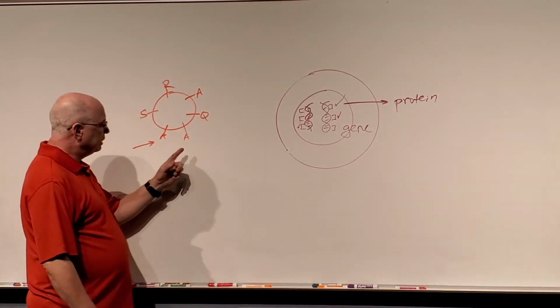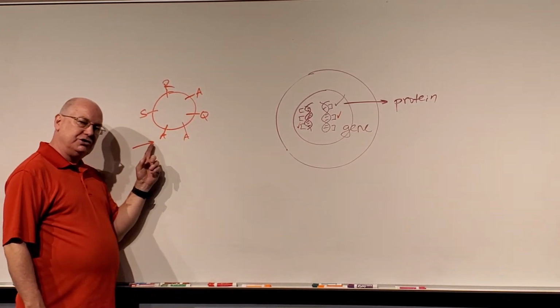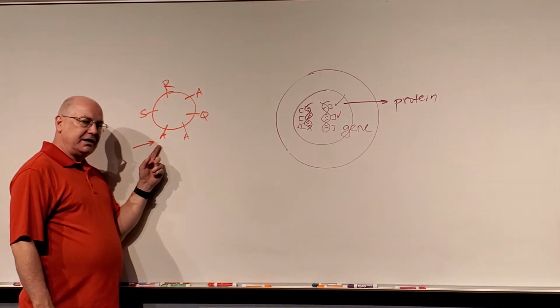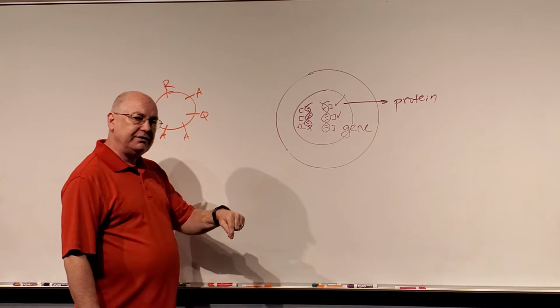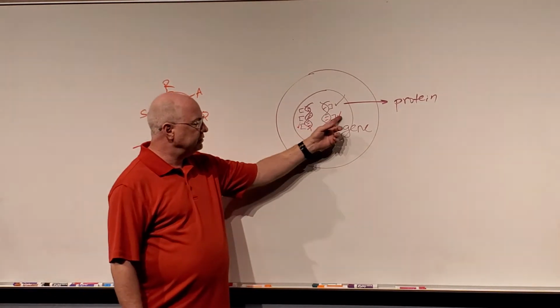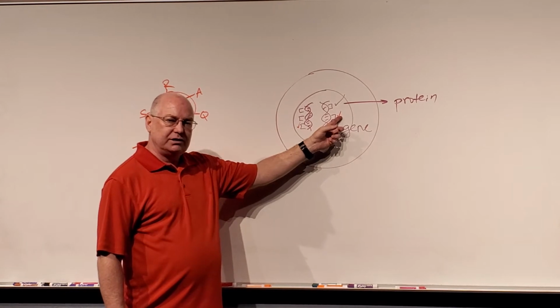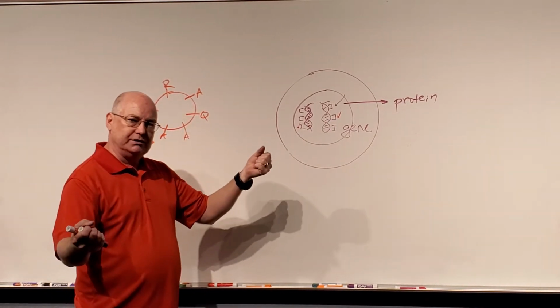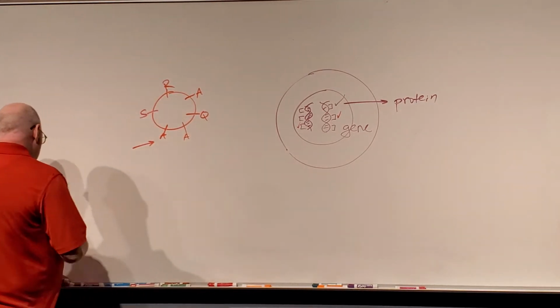Now, when it comes to making some of these antigens on the surface of our red blood cells, that gene can be linked to a gene for a specific antibody in white blood cells. So if I turn on this gene in one cell, it turns on a gene in another cell, and I'm going to get 2 separate proteins. It's kind of how this works.